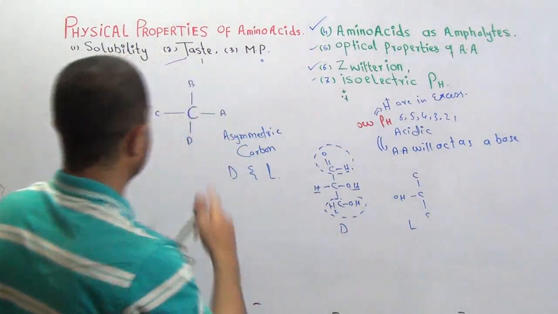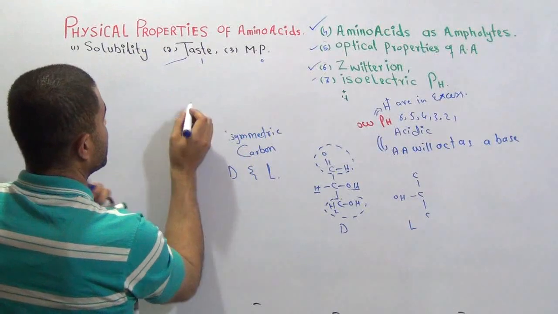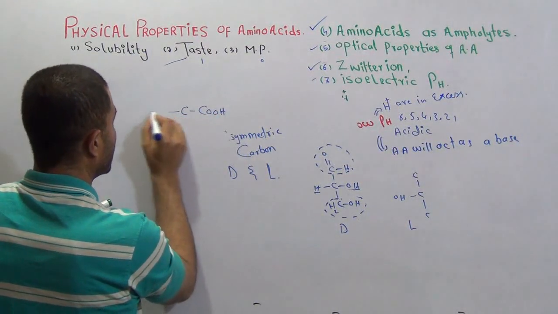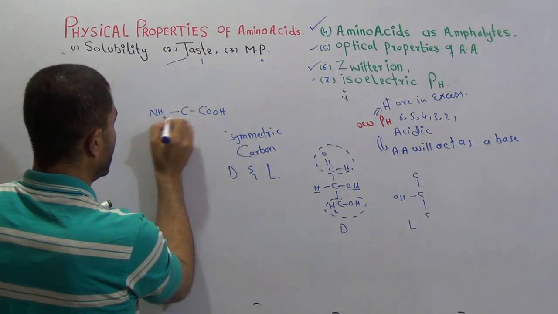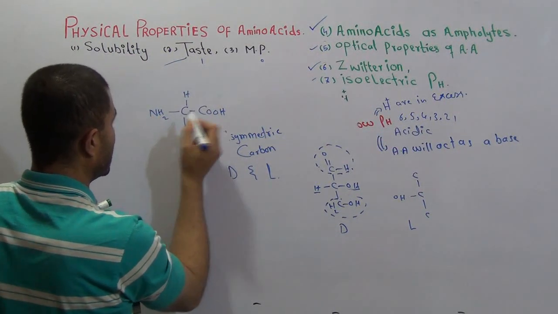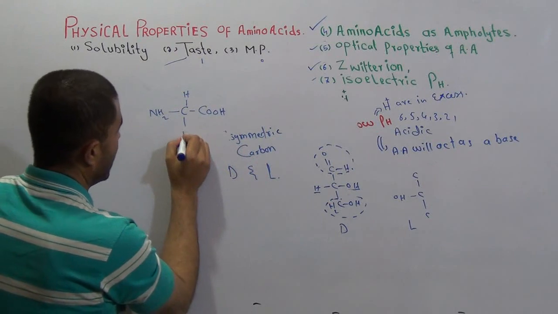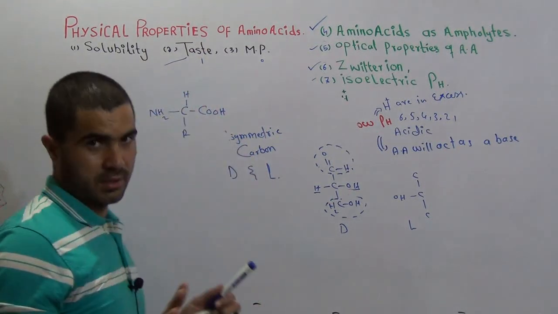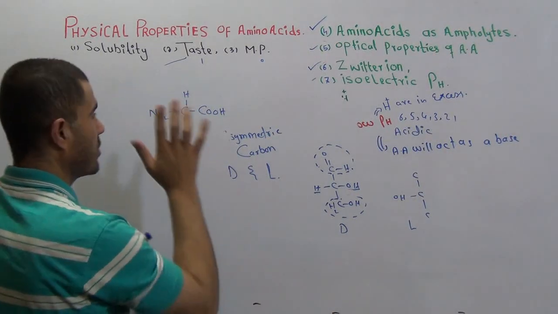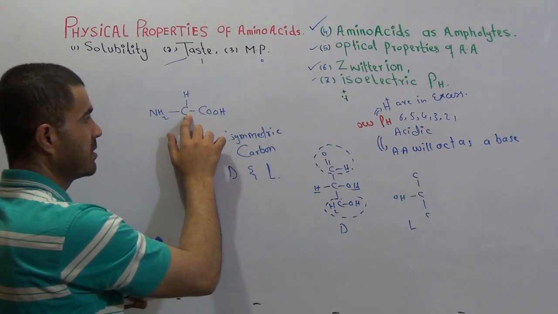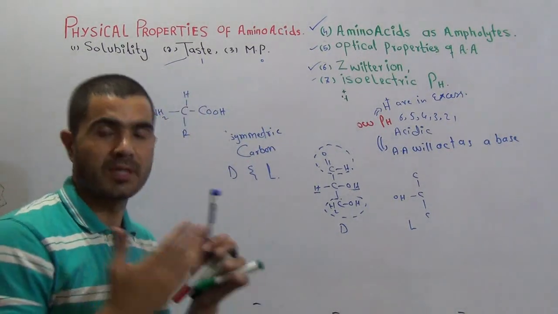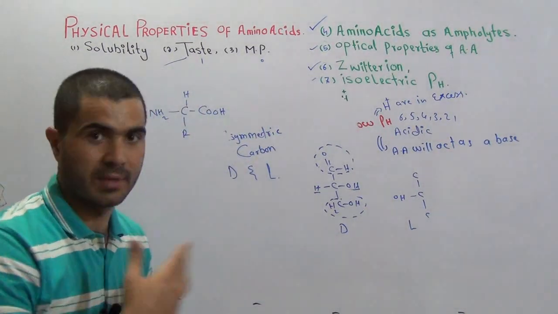If this is the carbon, here is COOH, here is NH2, here is hydrogen, and there is a variable group R. Around the carbon there are 4 different groups, so yes, the asymmetric carbon is present, so the amino acid can act as an optical isomer. It can show optical isomerism.